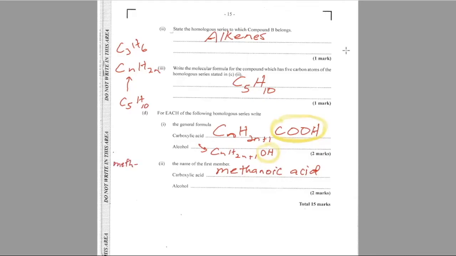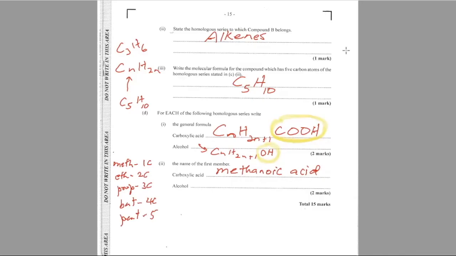Meth means 1 C, eth means 2 C, prop, 3 C's, but, 4 C's, pent, 5 C's, and so on. So it's the prefix plus the last part of the name. In this case, it's meth plus anoic acid.